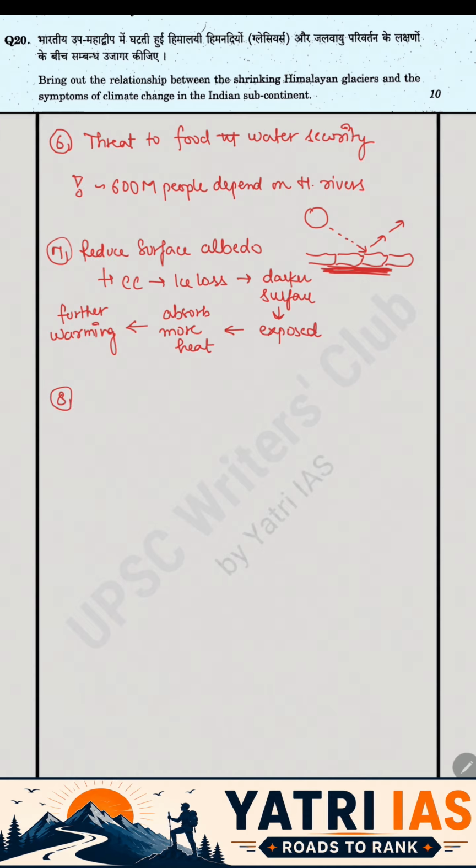Then you would mention black carbon deposition as well. Soot from industries, biomass burning, settles over ice glaciers and accelerates melting.